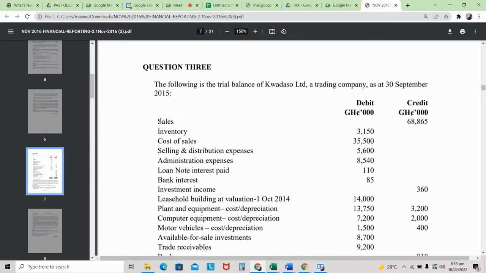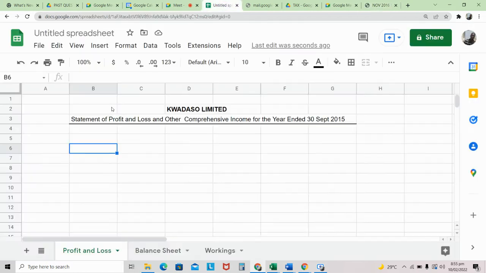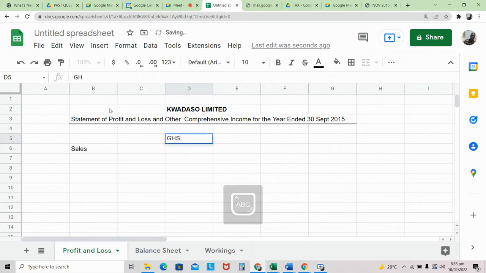So what are the things that should be in the income statement? Sales, right? Sales will be in the income statement. Do we all agree? So you write your sales here. Then what else do you think should be in the income statement?